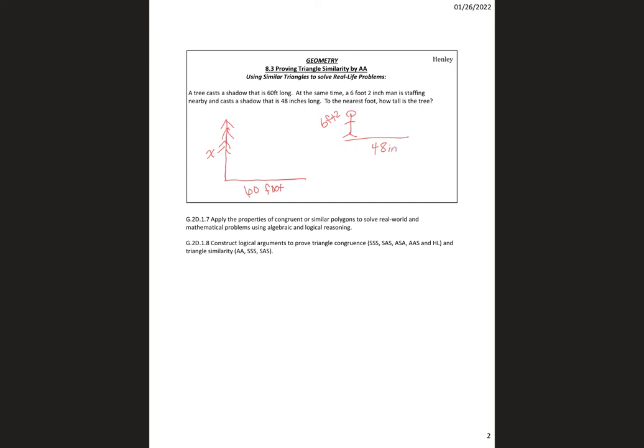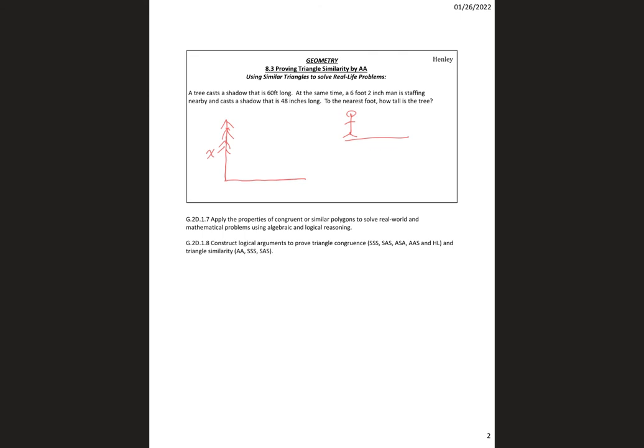We can't just say that we're going to set this up with 6'2" and 48 inches. We need the same measurements all the way through. So the very first thing we're going to do is take this off, because we want to change everything to the same unit.